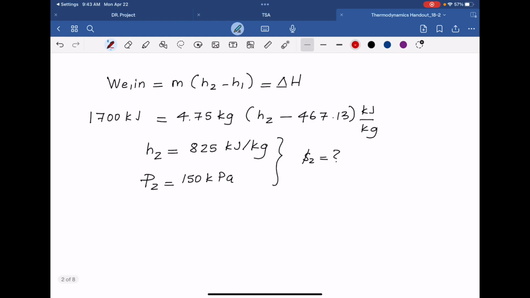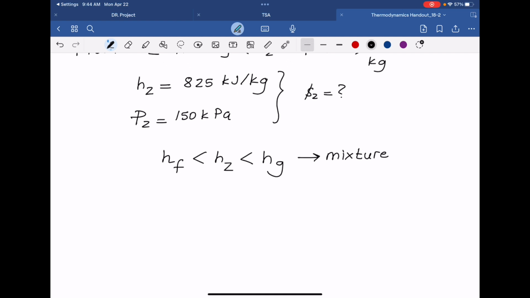Now, to be able to look at the right tables and read the specific entropy, we first need to figure out which tables to look at. When we look at the 150 kilopascal water tables, the specific enthalpy they are giving us is actually in between HF and HG. So it turns out that we actually have a mixture.